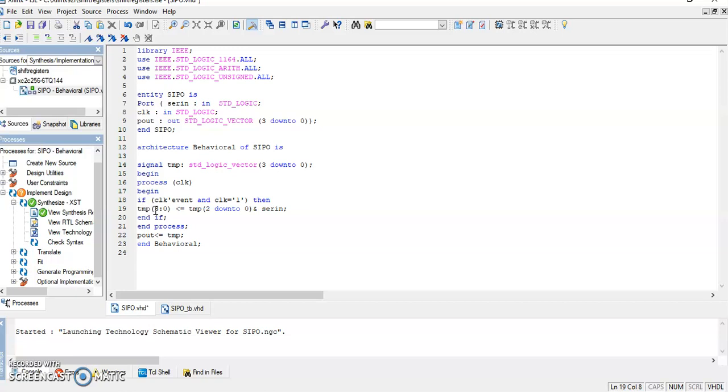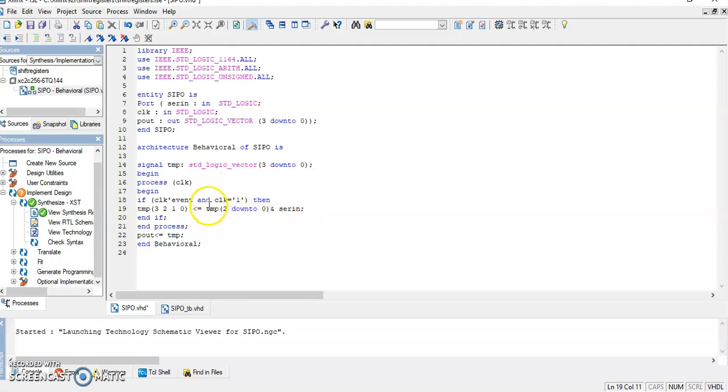So it is temp 3 down to 0. Okay. At temp 3, temp 2 bit comes, and for temp 2, let me fill this also, 2, 1, 0. So now there are going to be 4 bits, temp 2, temp 1, temp 0, and serial in.